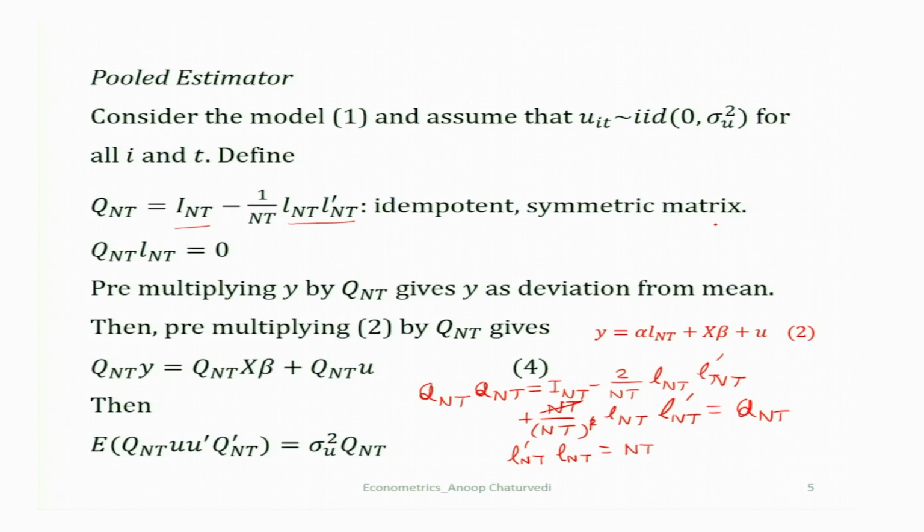It is symmetric also. If you take the transpose of Q_nt, it is equal to Q_nt. Further, if you post multiply Q_nt by l_nt, then what do you get?